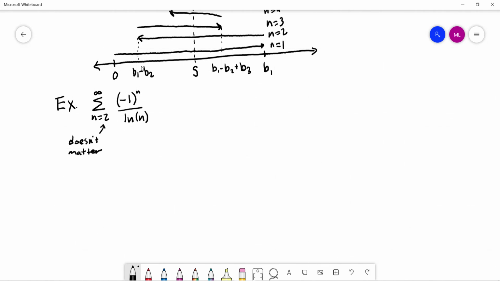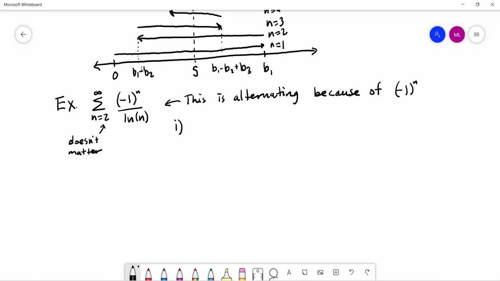Let's write them out explicitly. So first, this is alternating because of the -1 to the n term.